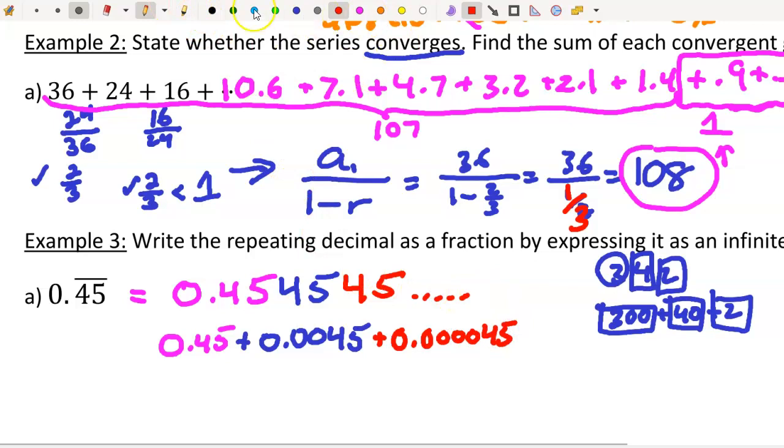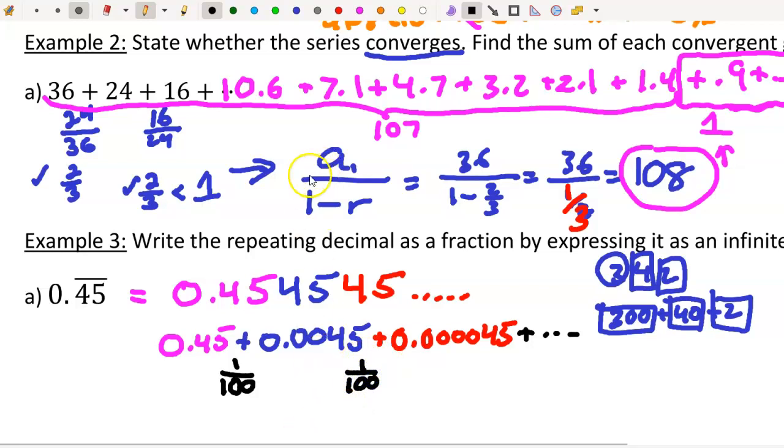And then that will keep on going forever, plus... So now it's written like one of these infinite series up here. And it also is geometric, because the ratio is the same. This is just multiplying by 1/100th each time.